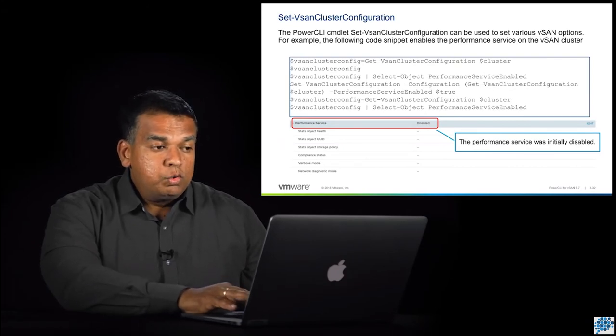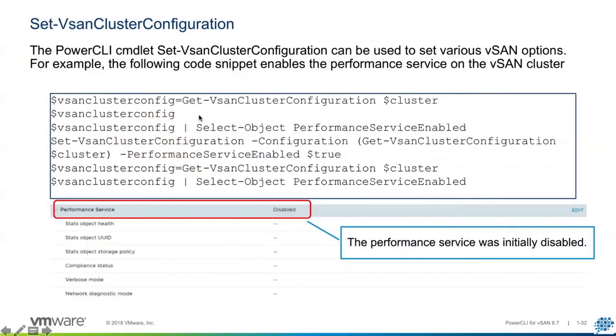First I'm running Get-VsanClusterConfiguration for my vSAN cluster, and I'm storing the result in a variable called vSanClusterConfig. The vSanClusterConfig now contains the settings of the entire cluster.